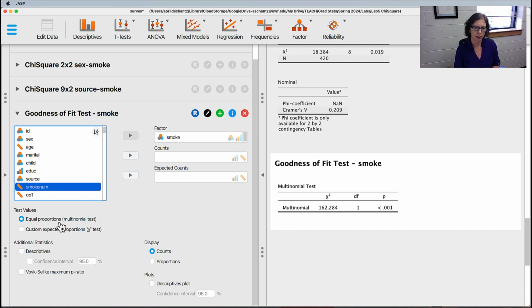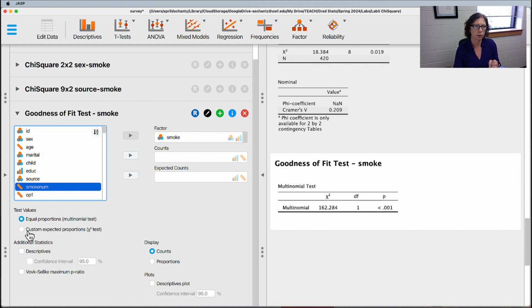We're saying, is the number of smokers in our sample different from the reported in literature from a previous larger nationwide study where they found 20% of their sample was smokers. So we want to let JASP know that we're only expecting 20% to be smokers.